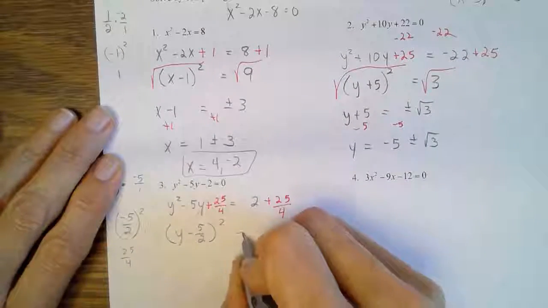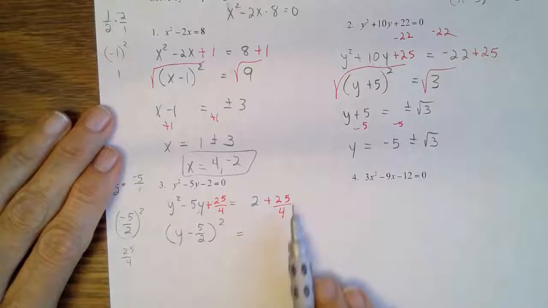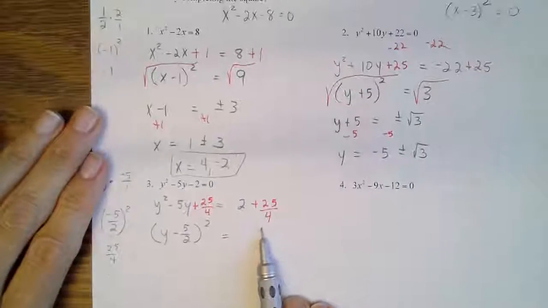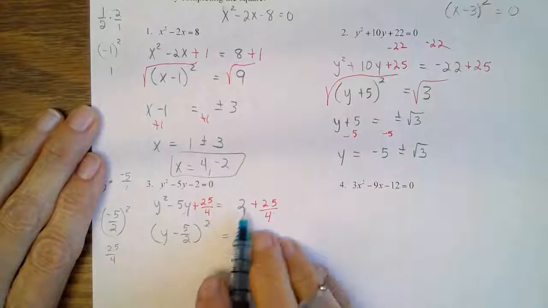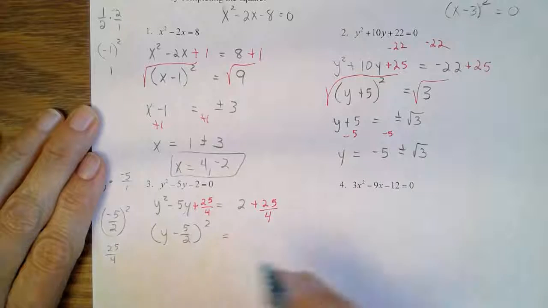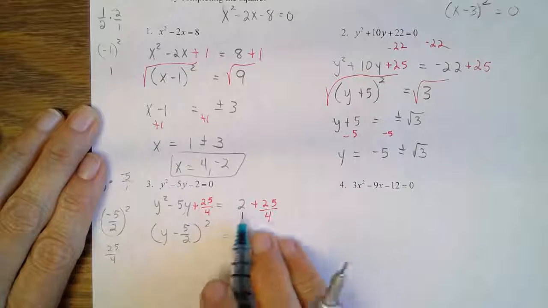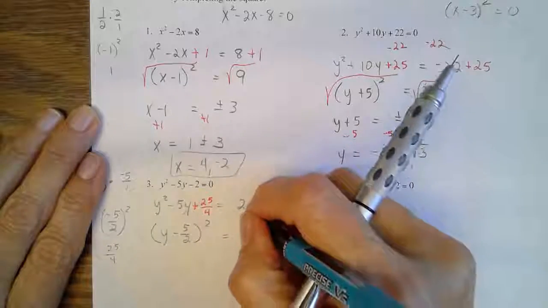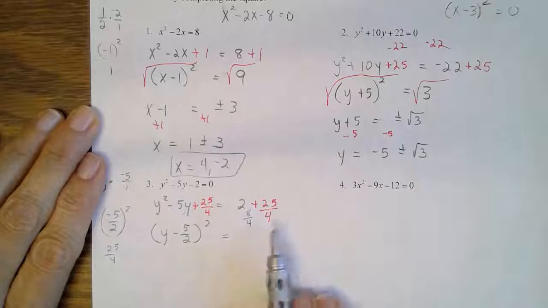We've got a 2 plus a 25 fourths. I can't add those if I don't have a common denominator. So I'm going to have to multiply 2 by 4 over 4, which is actually a 1, just to get it into a common denominator. So 2 times 4 over 4 is going to be 8 fourths. So 8 fourths plus 25 fourths is 33 fourths.